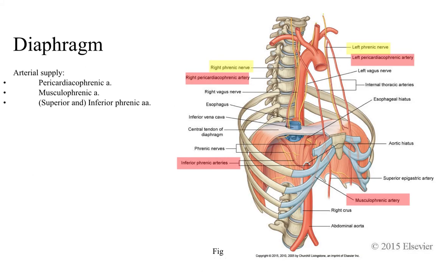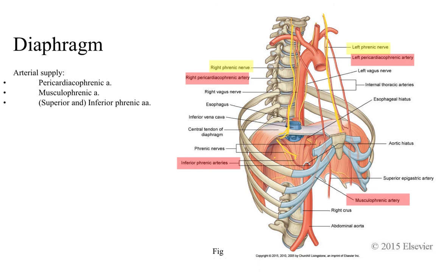Okay, we talked about the left and right phrenic nerves as being the nerves that go to the diaphragm and give the signal for it to contract, and so you see that they pass through the diaphragm anteriorly and spread out to different regions of the diaphragm to cause contractions. So that would be the nerve supply.